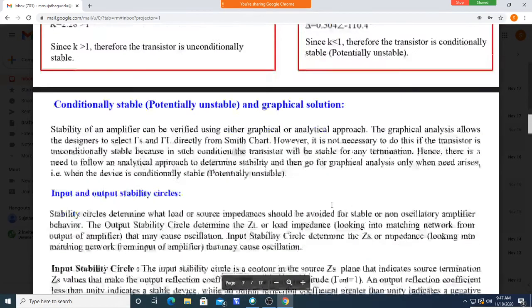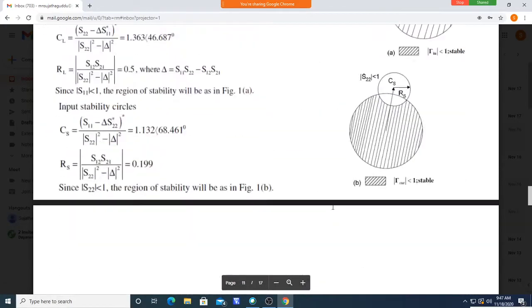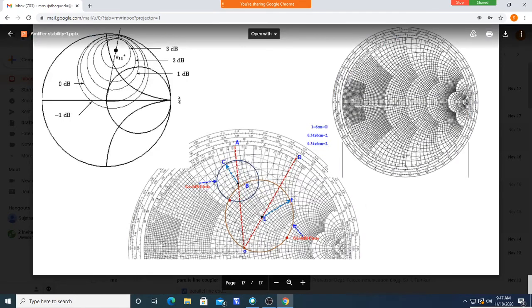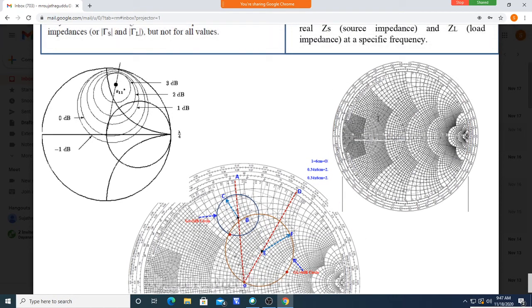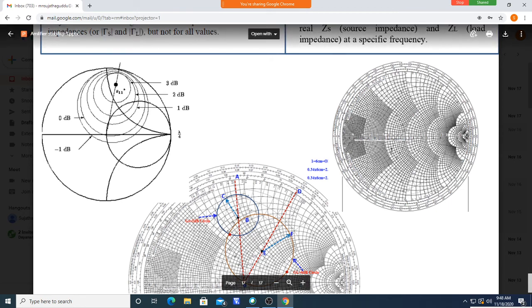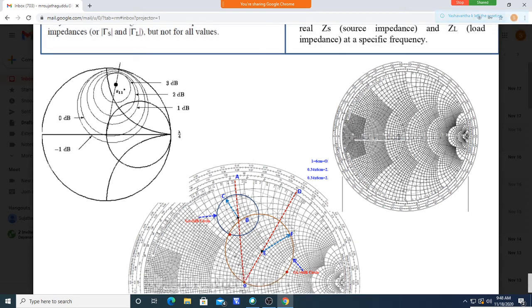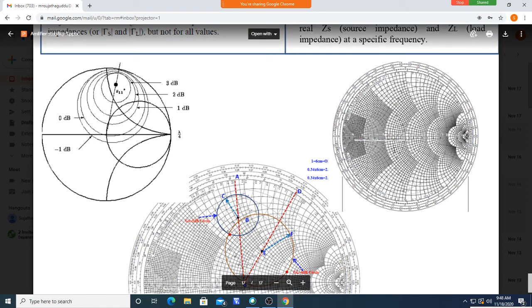See, here the Smith chart is there. Okay, this is a Smith chart. Conditional stability means once we come to know it is conditionally stable, we cannot take any value over this Smith chart. Only particular values over this Smith chart give the stable operation. So you should first check which values give the stable operation.